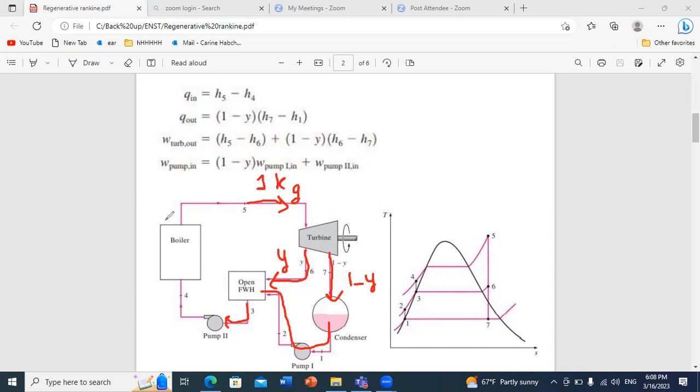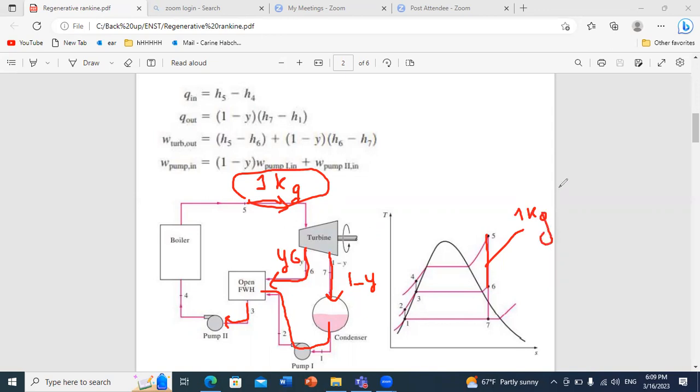So first, in the first expansion stage, before exiting at state 6, the whole mass flow rate expanded from 5 to 6. So here the mass flow rate doing expansion from 5 to 6 is equal to the whole mass flow rate, which is, let's say, 1 kilogram per second.